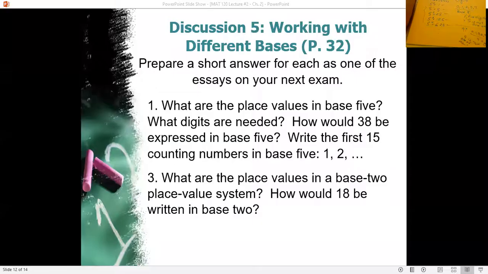For example, they're saying, also, write the first 15 counting numbers in base 5. Okay, so if you want to write the first 15 counting numbers in base 5, we have to go from the very beginning.